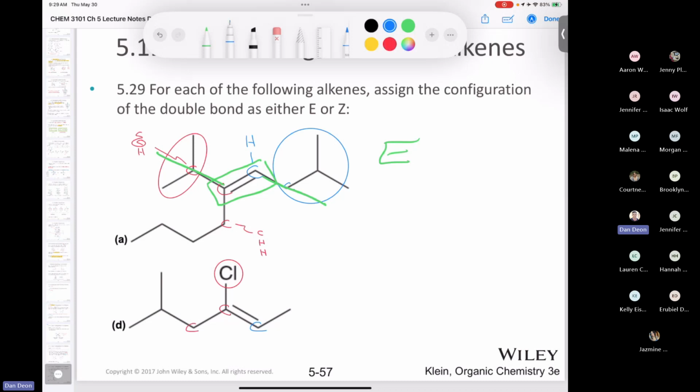And then on the carbon in blue, I've got a hydrogen and I've got a carbon from a methyl group. Which one takes precedence? Well, it's the carbon from the methyl group. So now, is this an E compound or a Z compound? Exactly. So this would be a Z compound. And there you go. You've covered all of chapter 5.